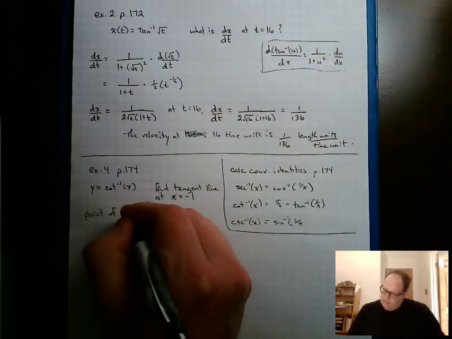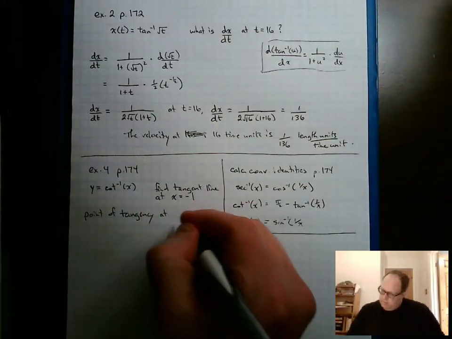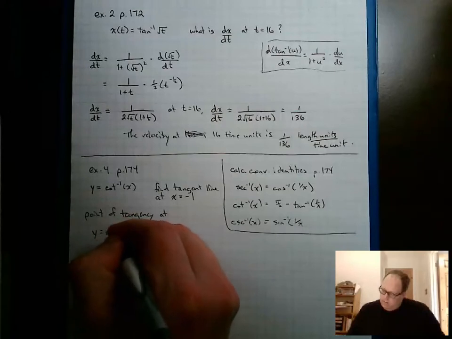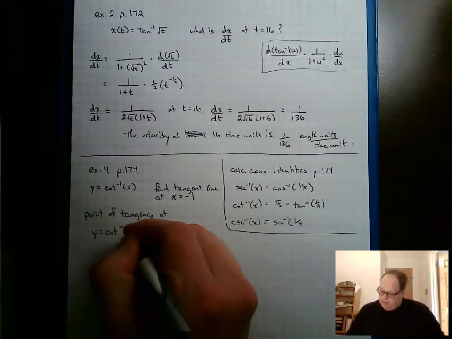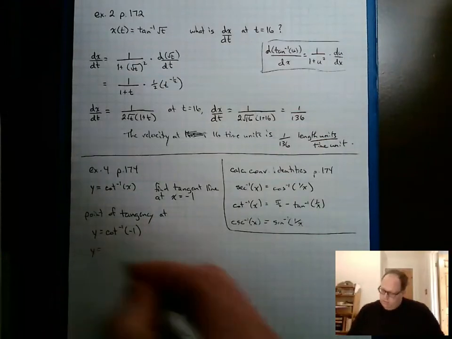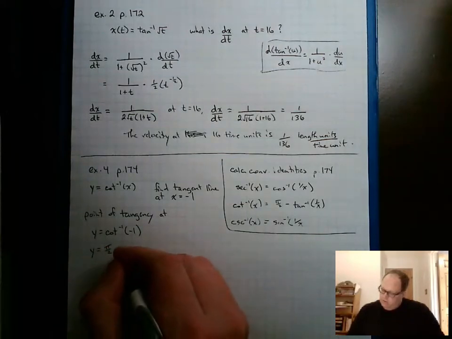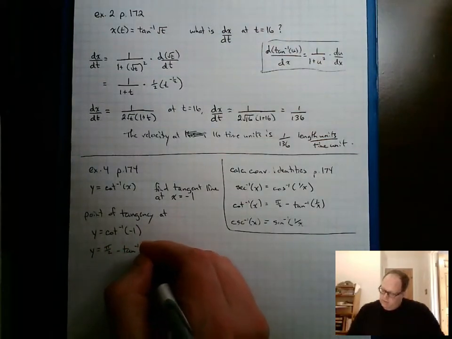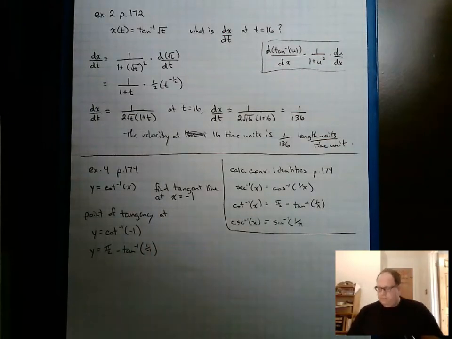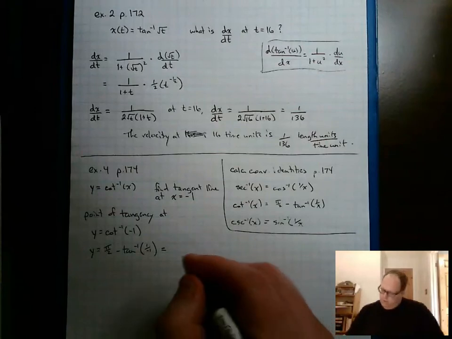The point of tangency will be at a y value of the inverse cotangent of negative 1, which I'm going to work out by using this identity as pi over 2 minus the inverse tangent of 1 over negative 1. Whether you work that out from your unit circle or with your calculator, you will end up getting a y value there of 3 pi over 4.